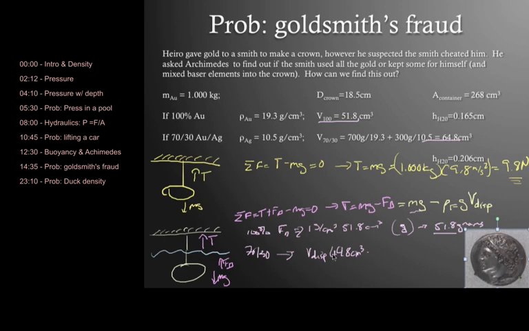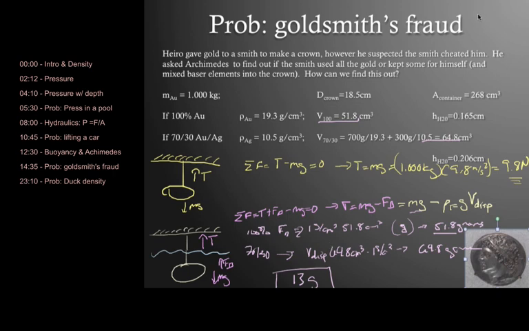And then we multiply this by the 1 gram per cubic centimeter, and what we get is 64.8 grams. So what this means is that you don't need to measure the fluid that's displaced. What you can do is measure the weight differential. So this is 13 grams of the fluid that's different than if this were pure.